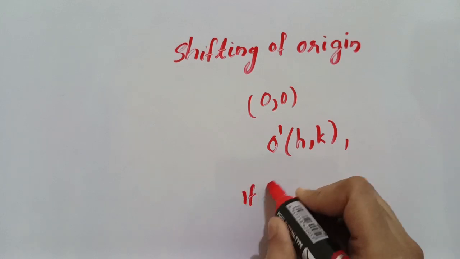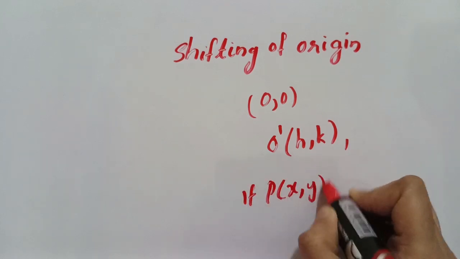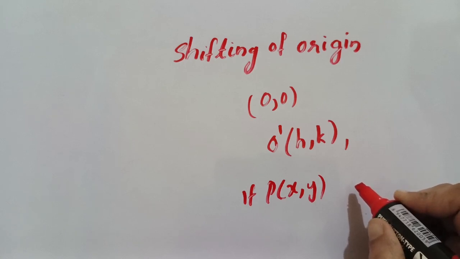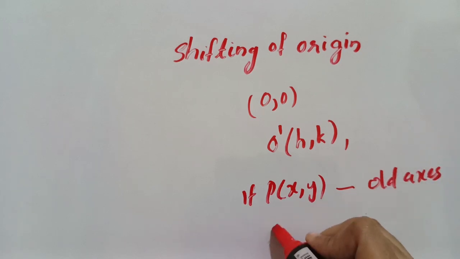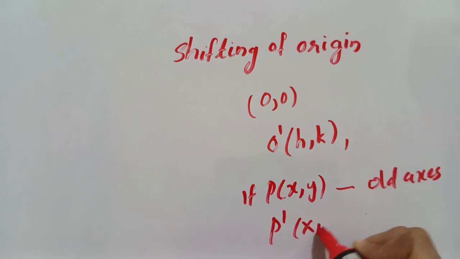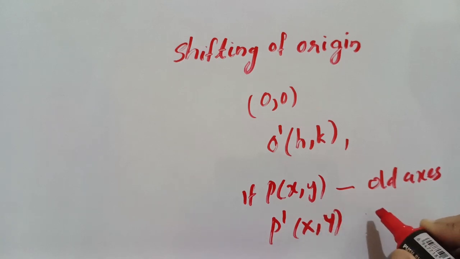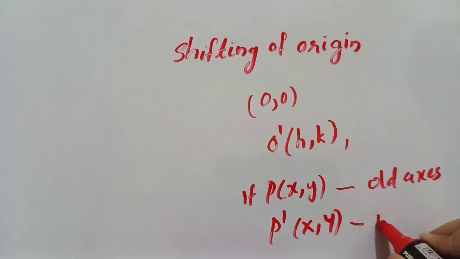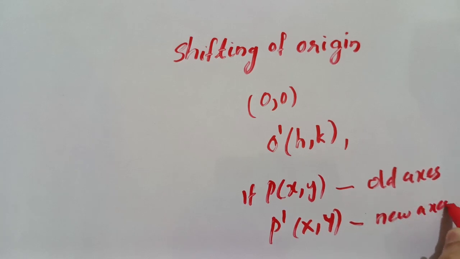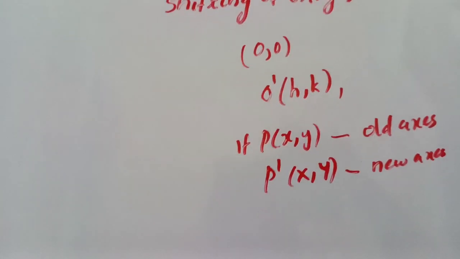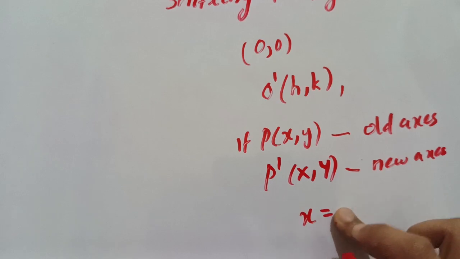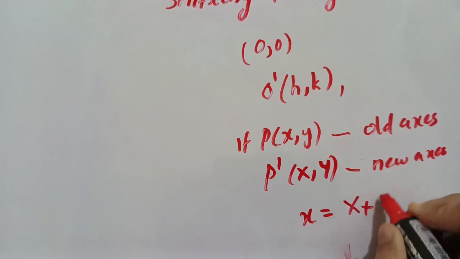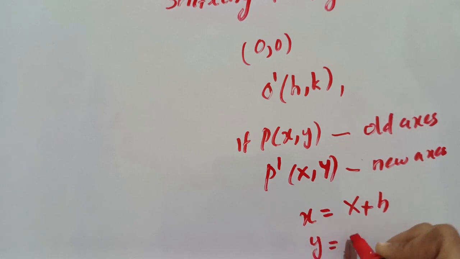Then if P(x, y) are the coordinates of a point referred to the old axis, and P'(X, Y) are the coordinates of the same point referred to the new axis, then we can write x is equal to X plus h, y is equal to Y plus k.